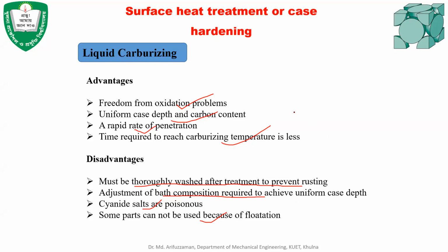No. There is no way that you can penetrate a lot of carbon atoms inside the material, right? Yes, sir. Whenever diffusion occurs, the large amount of carbon will be present on the surface, and then they start to diffuse into the metal. Okay.